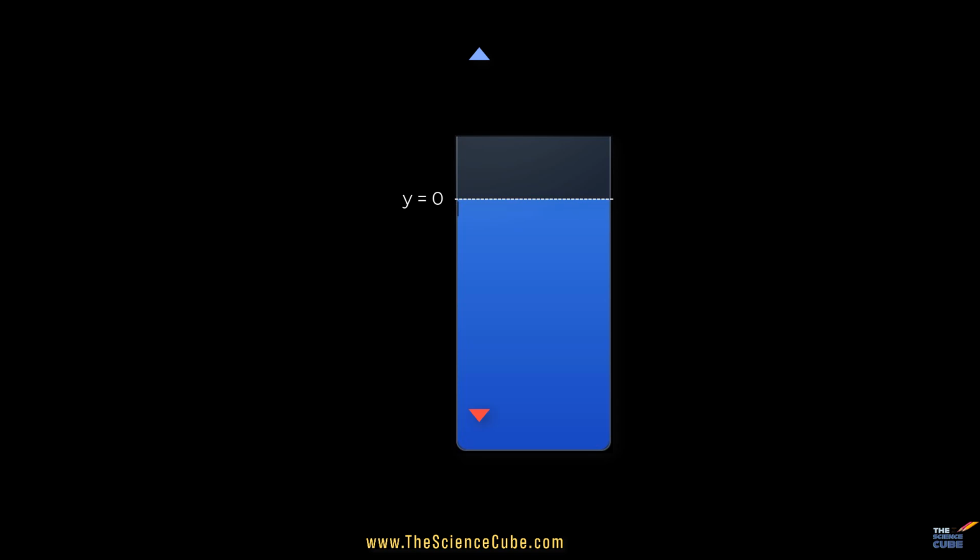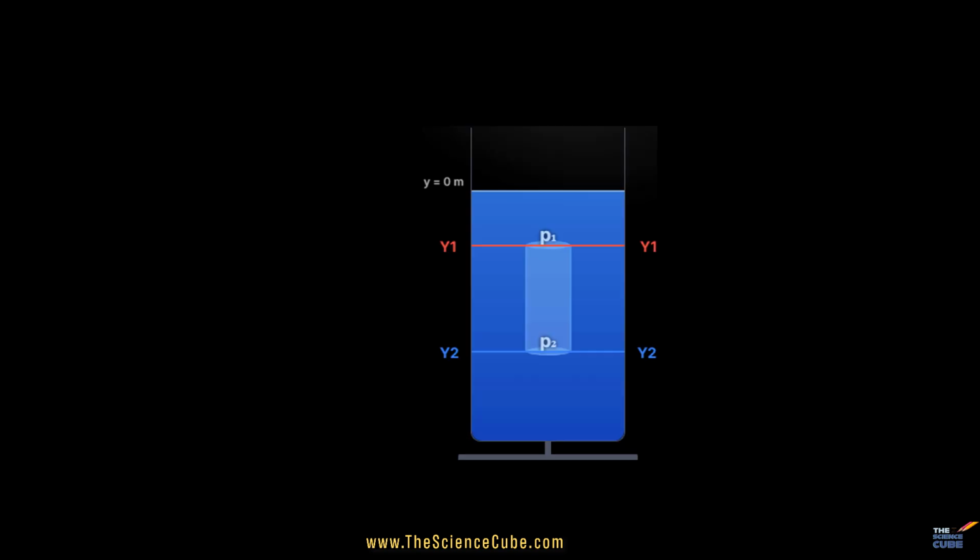Now, what we do is imagine a cylinder of water with a horizontal base of area A such that y1 and y2 are the depths of the upper and the lower faces. And you can see both are negative numbers.